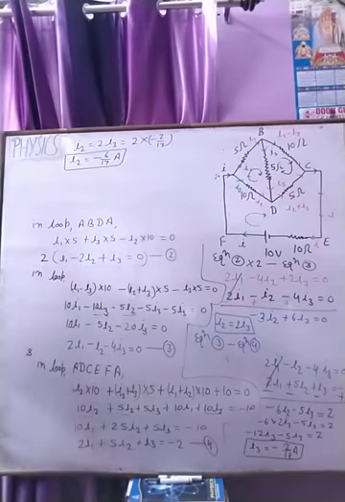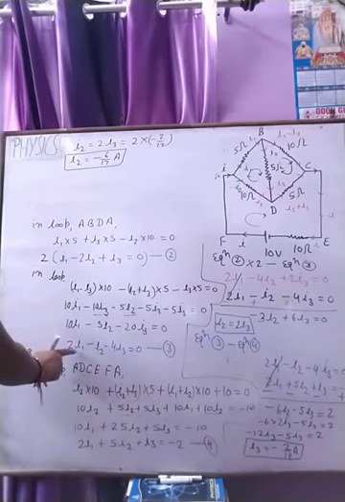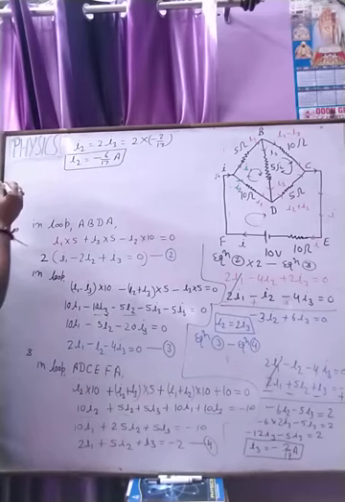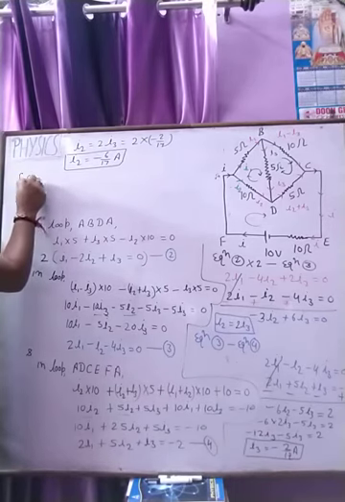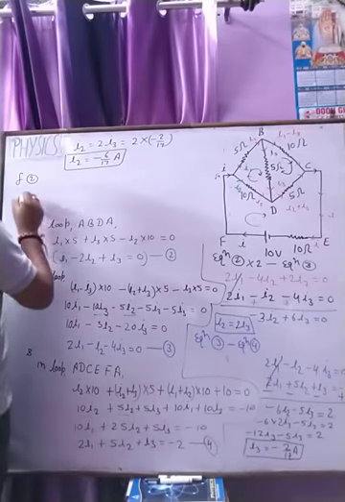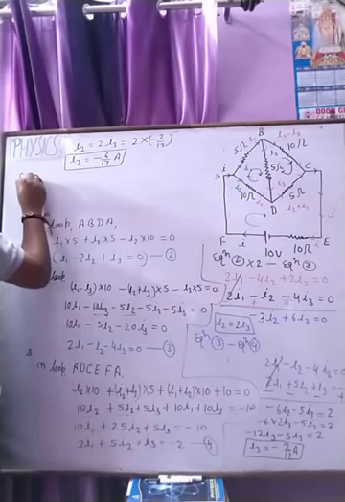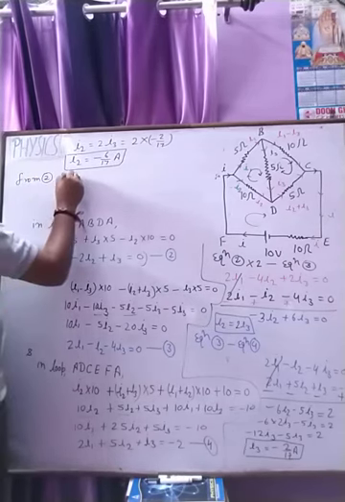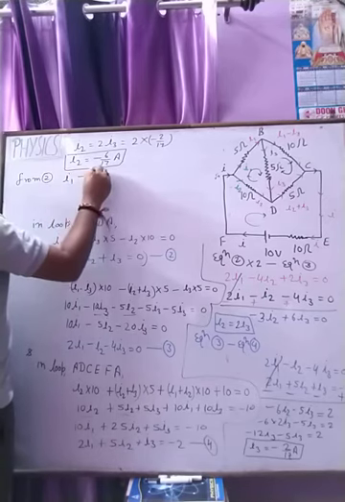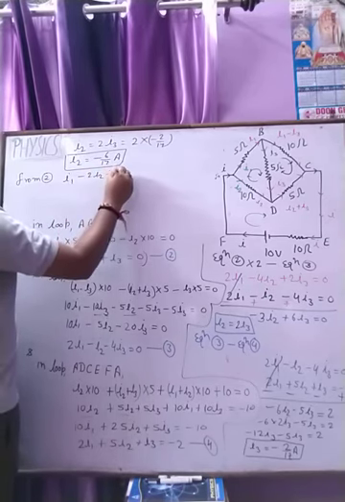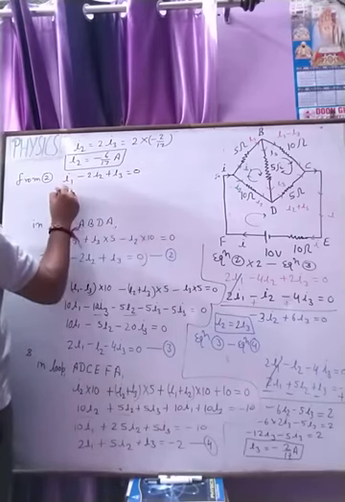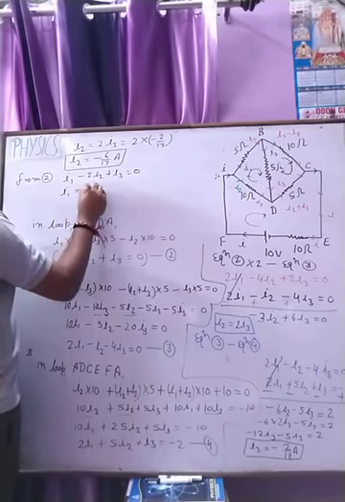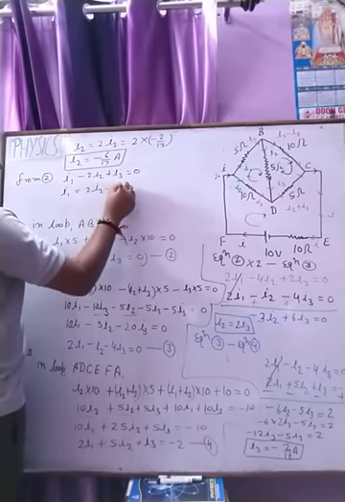Next we have, from equation second, I1 minus 2 I2 plus I3 equal to 0. Therefore I1 is equal to 2 I2 minus I3.